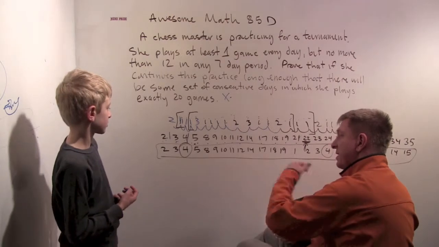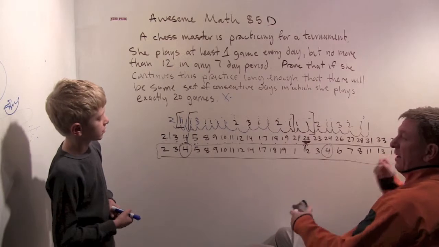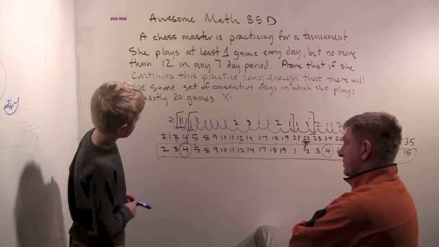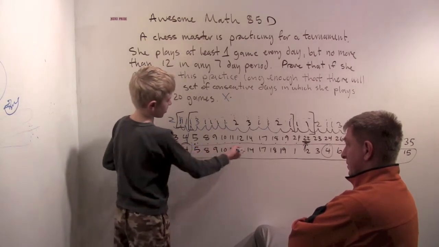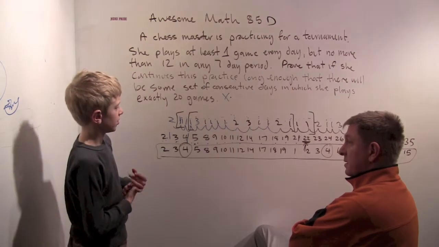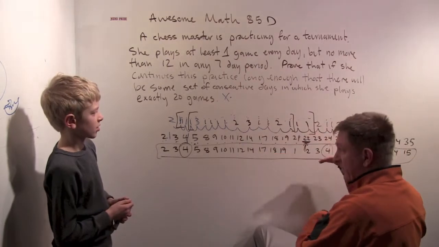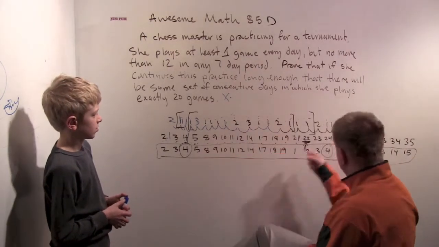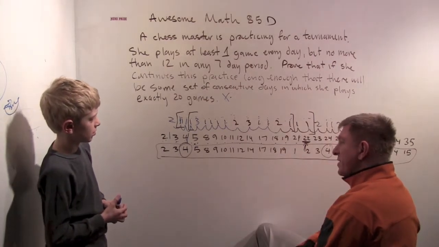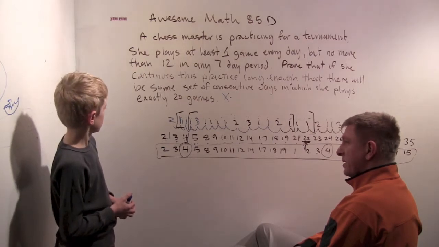Why am I always going to find a repeat, no matter how far out I go? Maybe I never get a 5 again, ever. Maybe I never get a 9 again, ever. But there's some reason I have to get a repeat. Can you think about why?